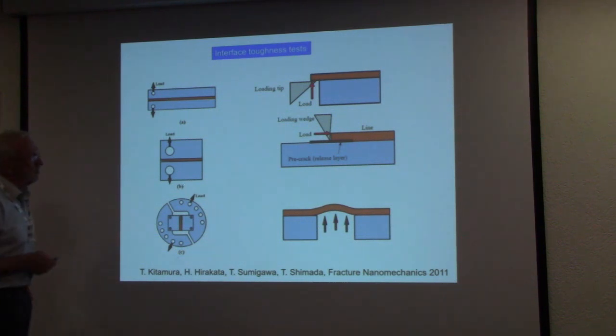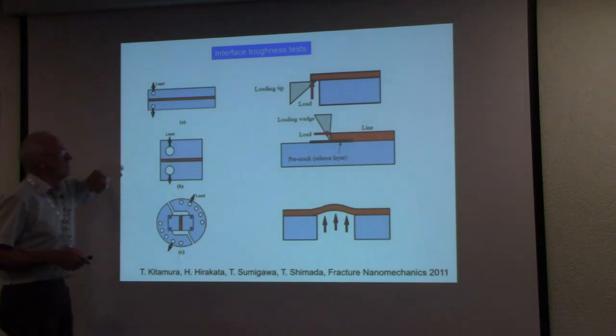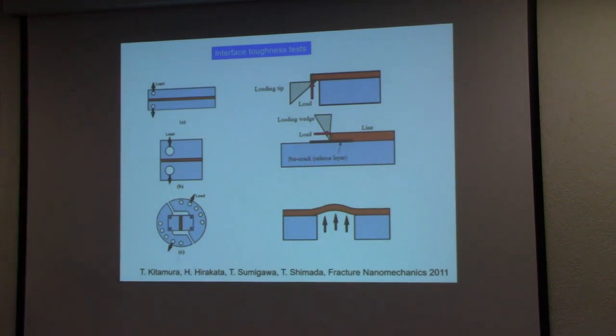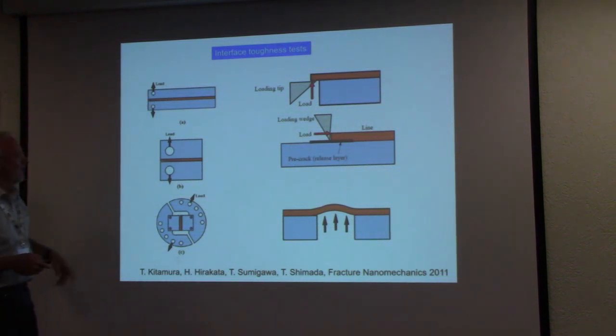In order to measure the interface toughness, there are a lot of fracture mechanics test techniques. These are simple test techniques which are usually used on nearly macro samples. Yes, maybe this will be a silicon wafer, two silicon wafers put together, a crack inside, or here for shear mode loading.